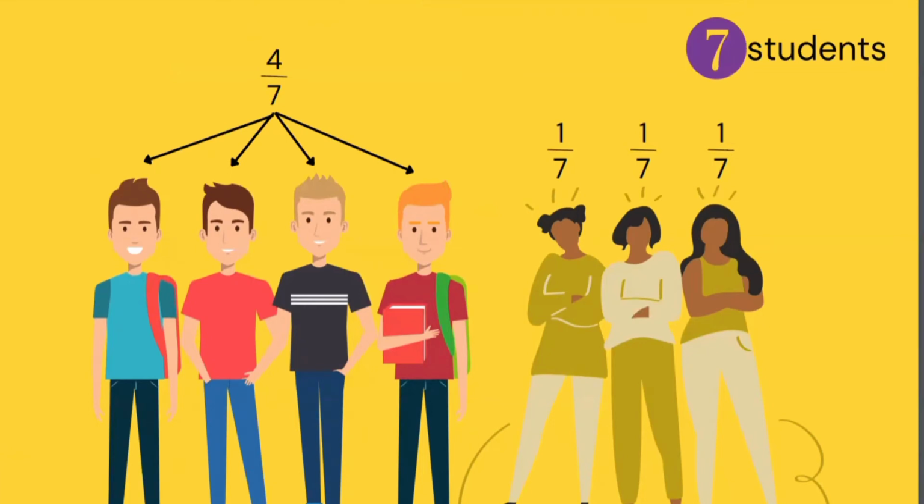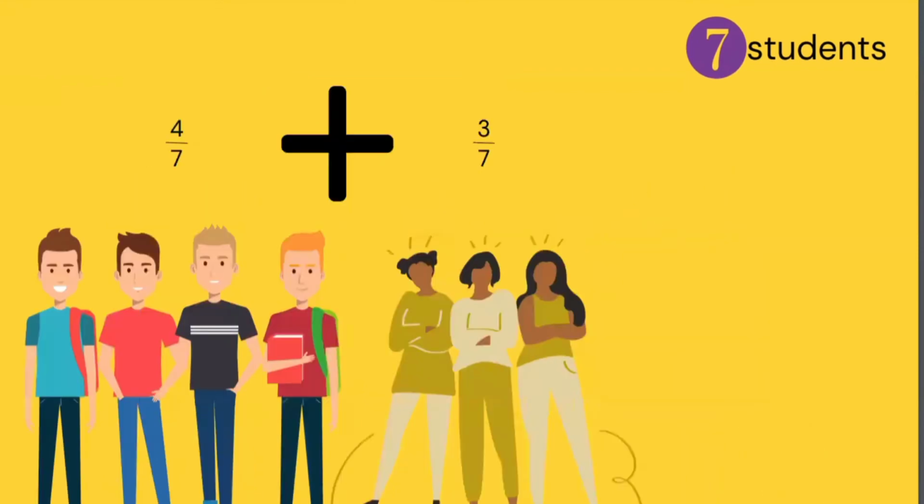Now, if you look to your right, you will see that each girl is also 1/7 of the students in the class. 1/7, 1/7, 1/7. And likewise, the fraction that represents the girls can also be called 3/7, 3 out of 7 students.